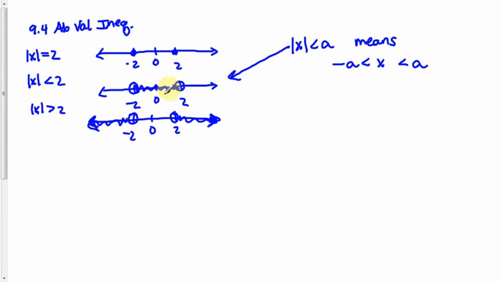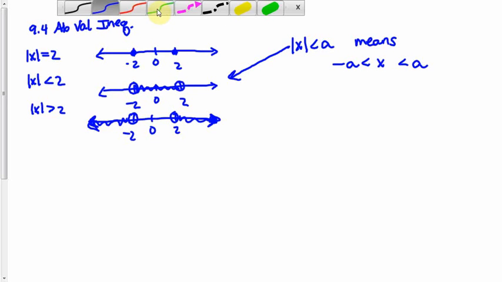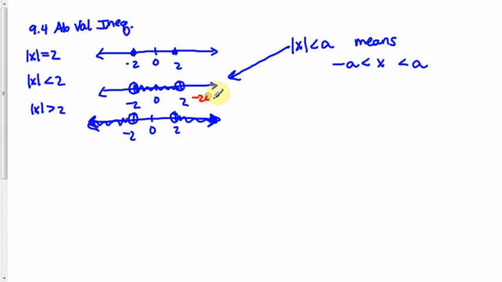So we could have written this answer, let me use a different color, as negative 2 is less than x is less than 2. That's how that inequality could be written. Okay, this one could be written x is less than negative 2 or x is greater than positive 2. And this one is just equal because it was an equation.